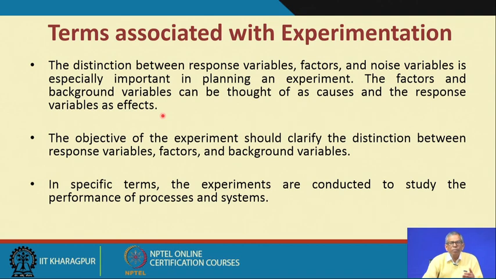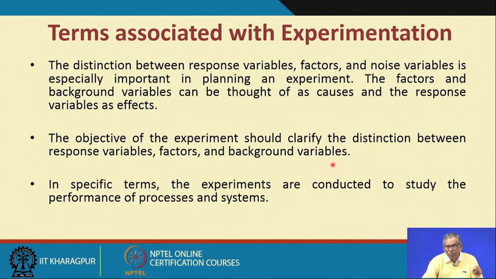When you draw the cause and effect diagram, or the Ishikawa diagram, for a particular system, you will come to know what the effects are in terms of the response variables, and what the causes are, that means the input variables. The objective of the experiment should clarify the distinction between response variables, factors and background variables.